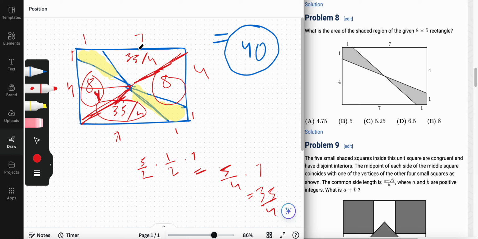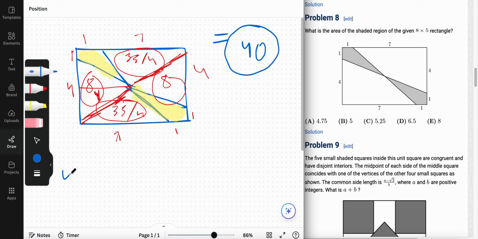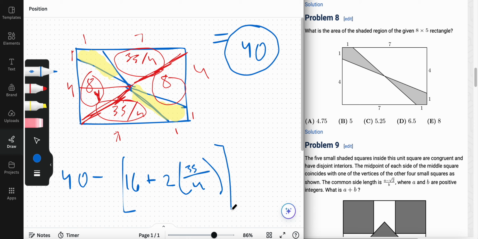Okay, so we have the 4 things. So what we can do is add these up. 40 minus the sum of all these, and we get the area of the shaded region. Okay, we'll do that. So all we need to do is 40 minus, and then add all of these. So 16, because 8 plus 8 is 16, plus 2 times 35 over 4. That's 17.5.